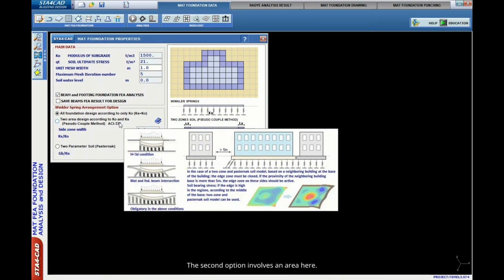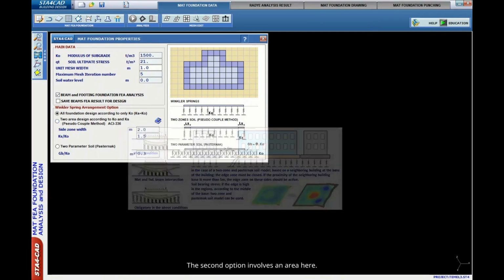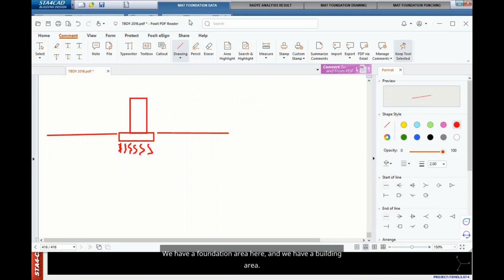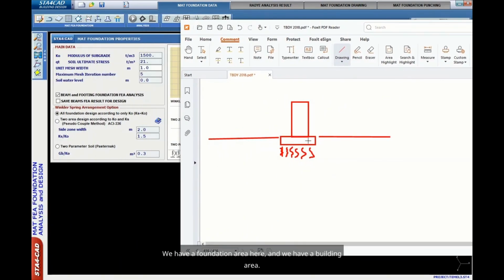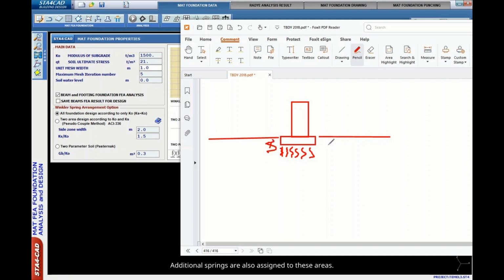The second option involves an area here. We have a foundation area here, and we have a building area. Additional springs are also assigned to these areas. There are also springs here.